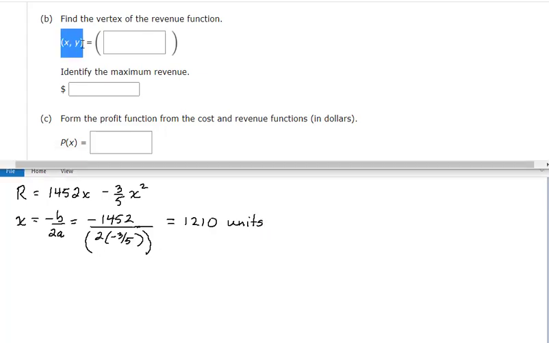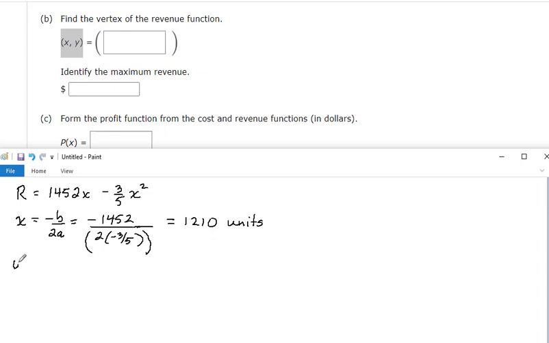They want the x and the y coordinate, so to get the y coordinate, I take 1210 and I plug that back into the revenue function. 1452 times 1210 minus 3/5, 1210 squared.